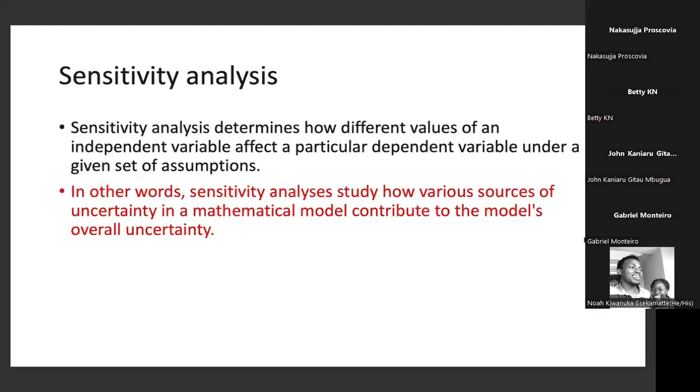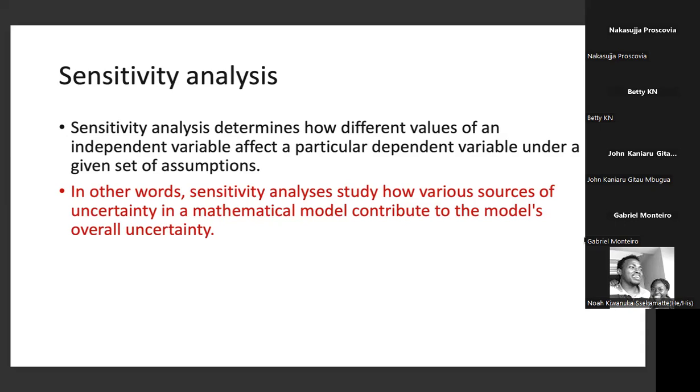So I'll just stop briefly on sensitivity analysis because I have to run for another lecture in the afternoon. Sensitivity analysis is also one way of determining how different values of an independent variable affect a particular dependent variable under a given set of assumptions. You change one parameter, then see how big or how different or how small your results are by just changing this one parameter.